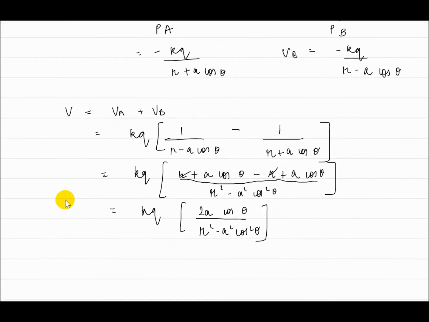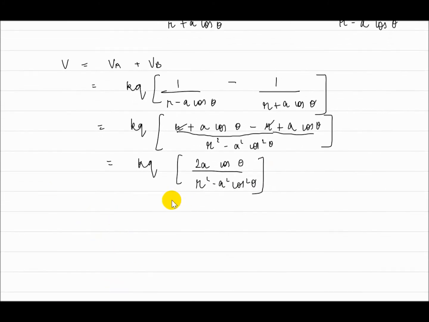And as we have done in the previous derivations, we write it as V is equal to k cos theta into 2a into q, upon r square minus a square cos square theta, and we know that 2a into q is the dipole moment p.